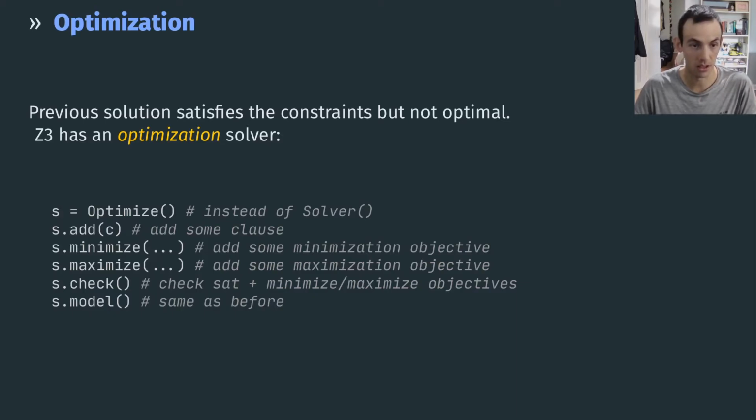And finally, the same way you did before, you can call the check method on the solver, and it will check that the problem is satisfiable. And it will also minimize and maximize the objectives. And the model will return you the model that was a satisfying assignment and also minimizing the objectives.